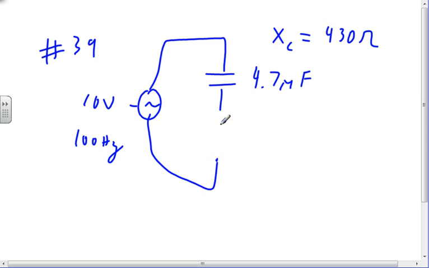Oh, 300, yeah, you're right. Yes, definitely. What does your calculator say?